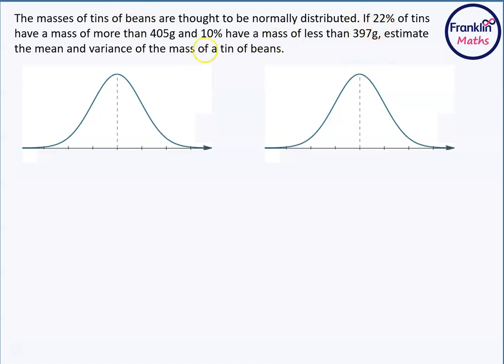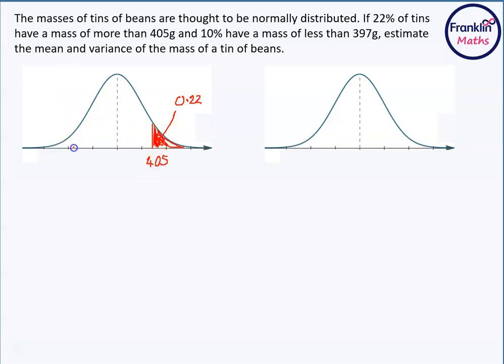So if 22% of the tins have a mass of more than 405, let's think about where that's going to be. So 405 and 22% is more. Now 22% is only a small part of the graph. So 22% is 0.22, so there's a 0.22 probability chance of finding a tin of more than 405.